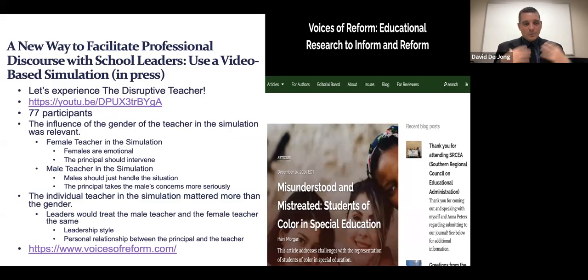And what we found is that, with the female teacher in the simulation, they talked about the females being emotional, that the principal should intervene. When it was the male teacher in the sim, they talked about males should just handle the situation. The principal takes the male's concerns more seriously.